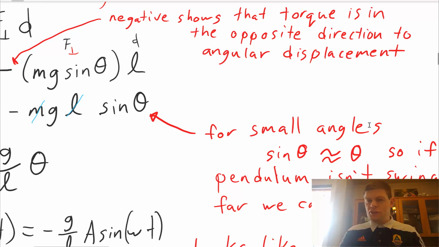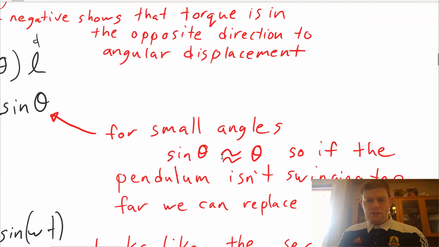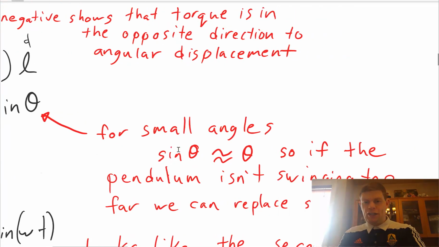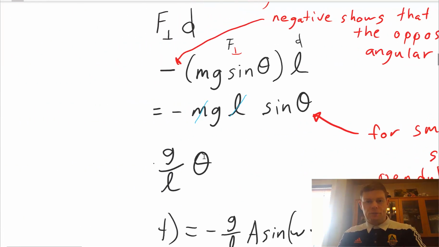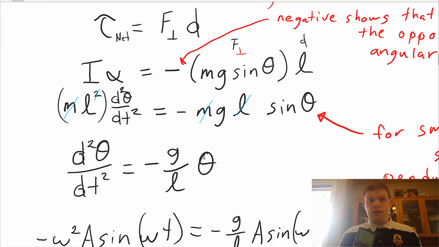So as long as you've got a small angle, you can use this thing called the small angle approximation, where sine theta is just basically equal to theta as long as your pendulum isn't swinging too crazily. So if it's just little swings, you can make this replacement. So we can replace sine theta with just theta because at small angles, they're roughly the same. Just kind of a neat trick. Do totally use your calculator until it makes sense to you.